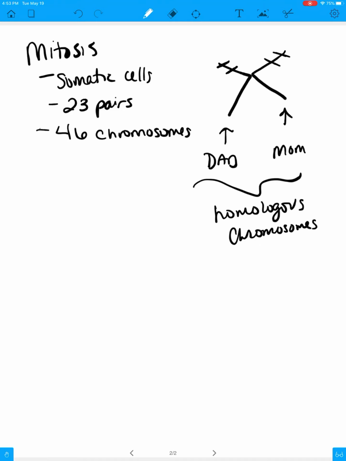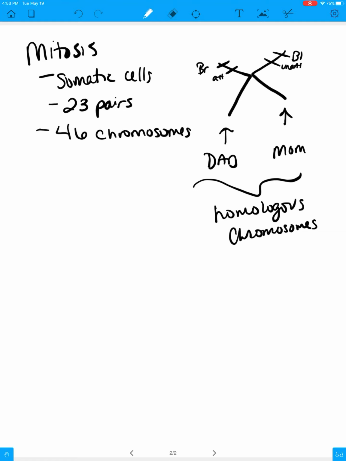For eye color, let's say this one is brown and over here it is blue. That's something we'll discuss in another chapter. For the earlobes, it could be attached over here and unattached over here. So you can have different versions of genes, but earlobe attachment is on this chromosome. It's the same chromosome for these pairs, these homologous sets of chromosomes.